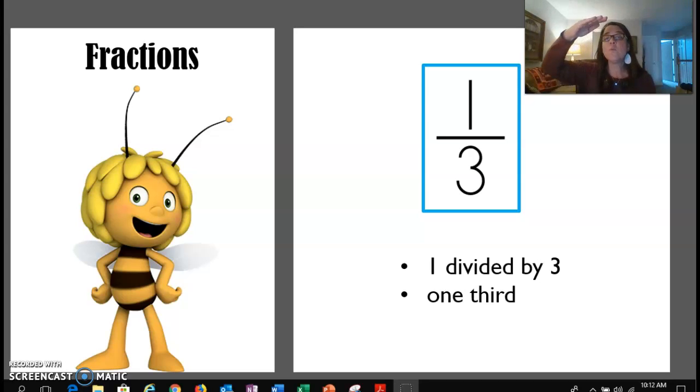So we can say 1 divided by 3. Another way to say this fraction is one-third. Not one-three, but one-third. You hear that TH at the end of third. So 1 divided by 3, or one-third.